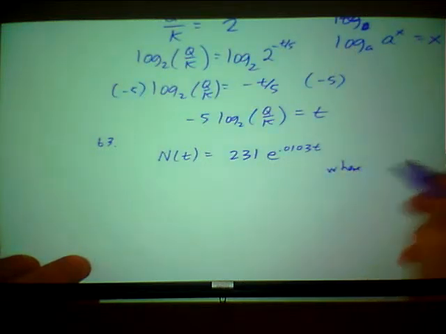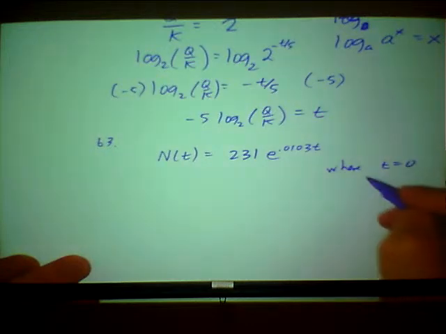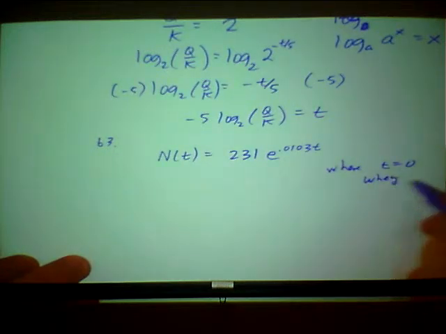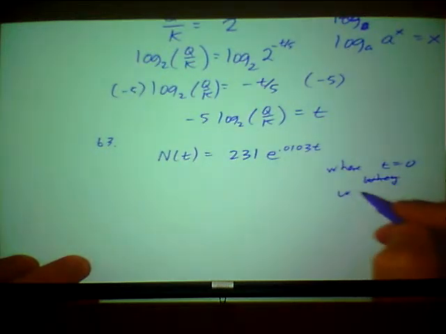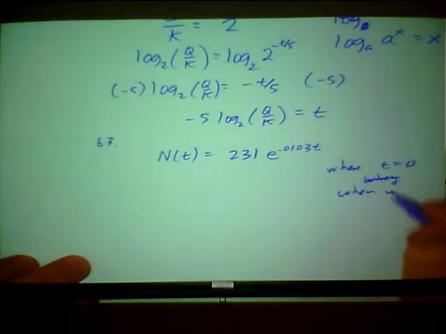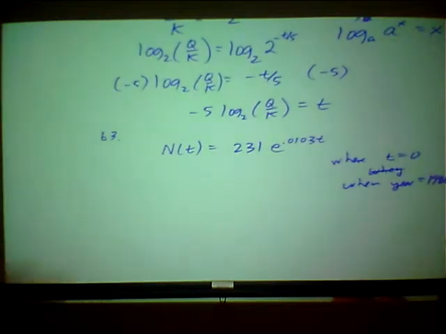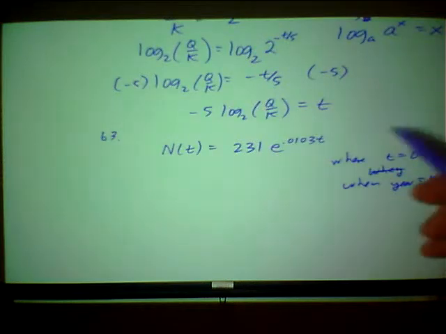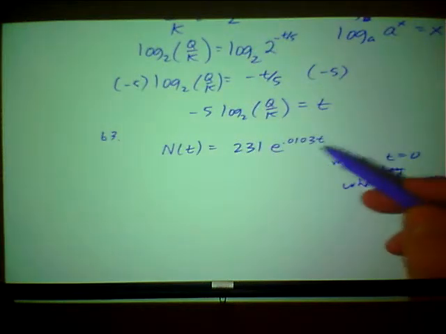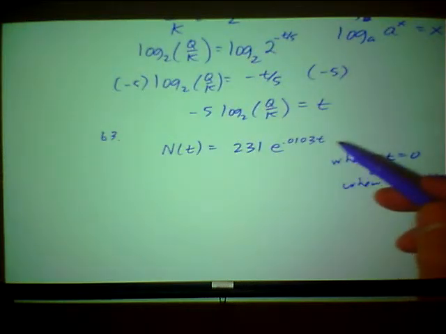They say where t equals 0 when the year is 1980. It's almost like 1980 is when the clock starts ticking. That's year 0. So they're saying, how long will it take for the population to double?